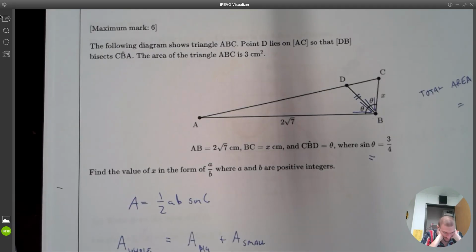Now, if dB is also the square root of 7, I think that's going to work.